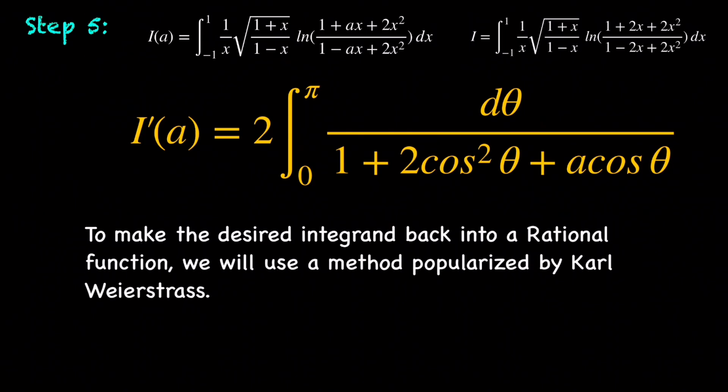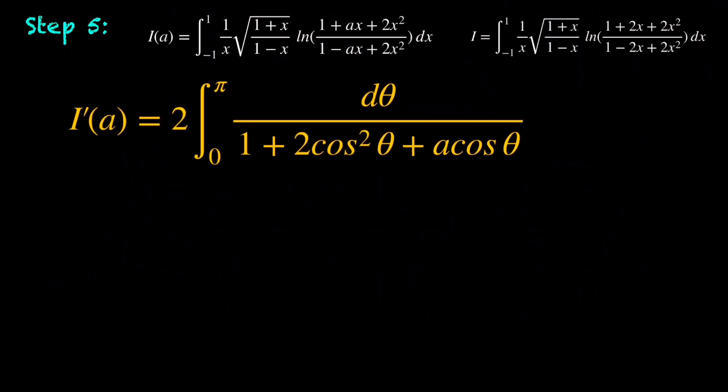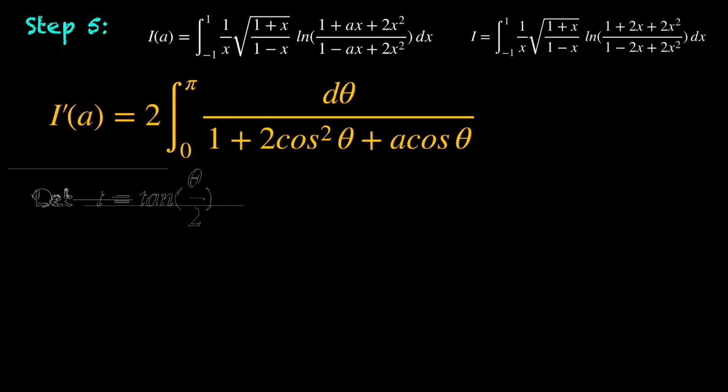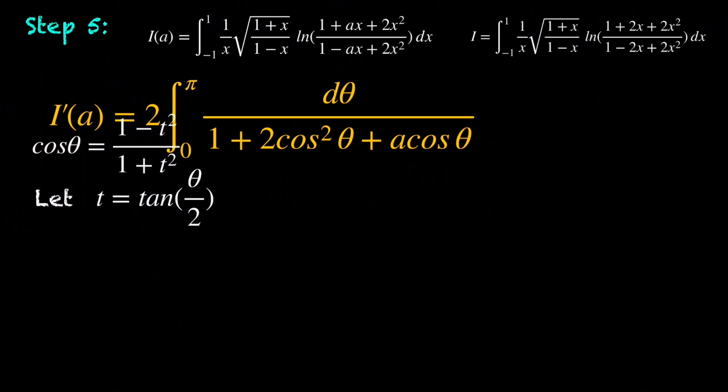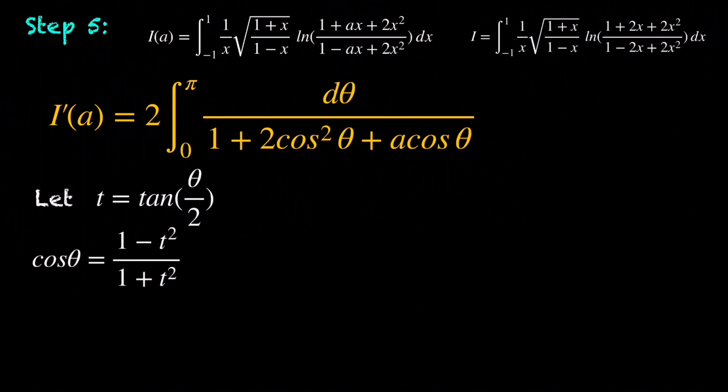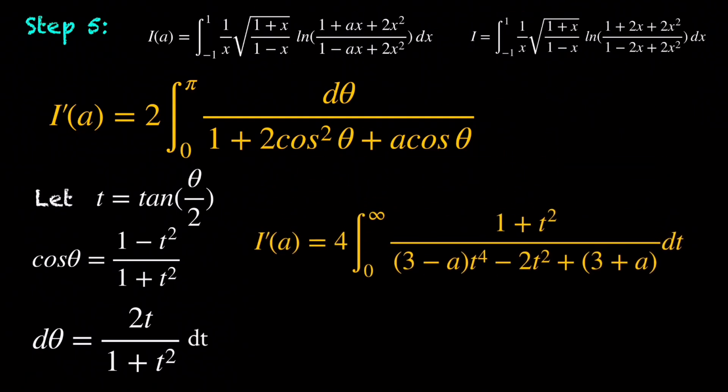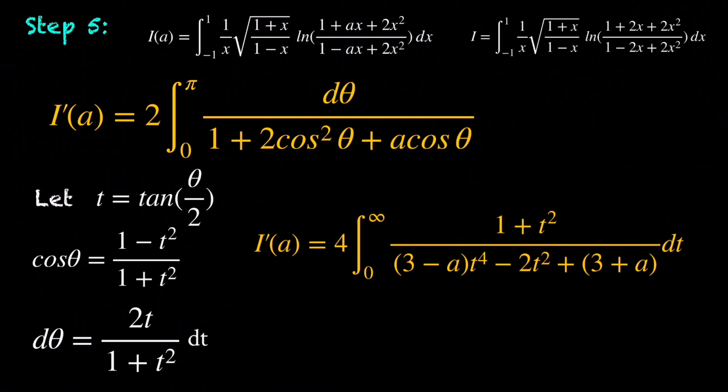And to make the desired integrand back into a rational function, we will use a method popularized by Karl Weierstrass, by letting t equal the tangent of theta over 2, which will reveal cosine to be equal this, and d theta equal to this. And therefore our I prime becomes this.